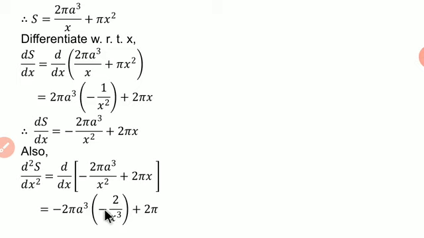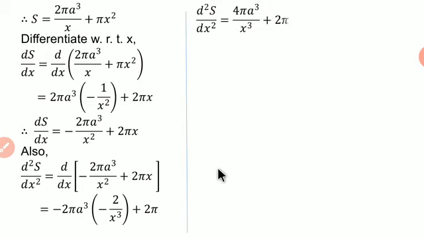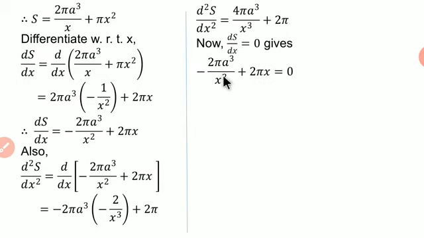Here minus minus becomes plus, and so we get d square s by dx square is equal to 4 pi a cube upon x cube plus 2 pi. Now for extreme values, ds upon dx is equal to 0, and this gives minus 2 pi a cube upon x square plus 2 pi x is equal to 0.